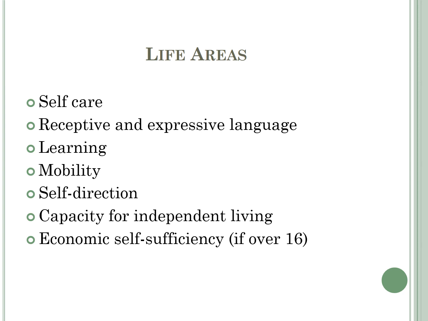So for instance, if you have an individual who has cerebral palsy, but they have a completely typical IQ, they do not have an intellectual disability, they would still qualify for services because the 3 life areas that they would likely struggle with would be self-care, mobility, and capacity for independent living.